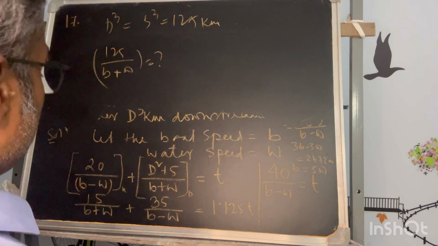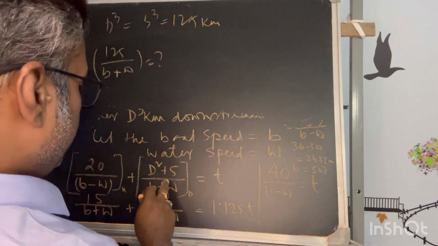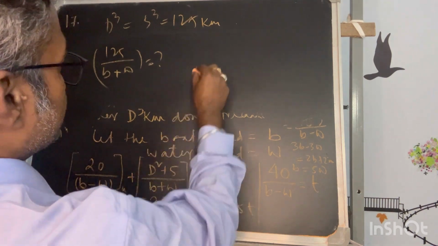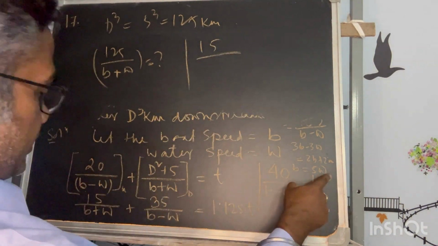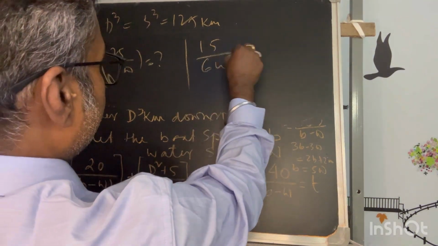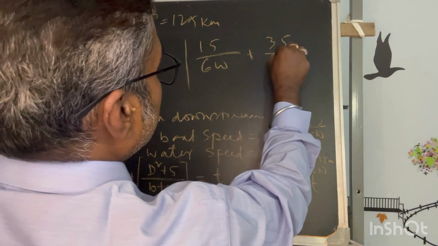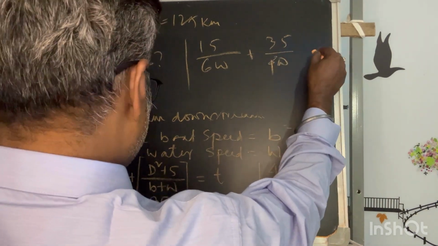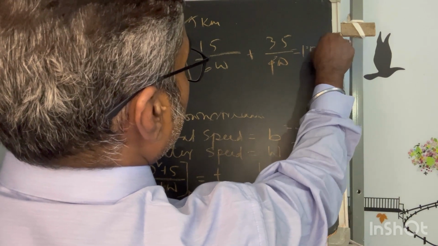Now I have to calculate b and w both. So any of these equations I can use. Out of this, 15 by 6w plus 35 by 4w is equal to 1.125 t, with b equal to 5w.